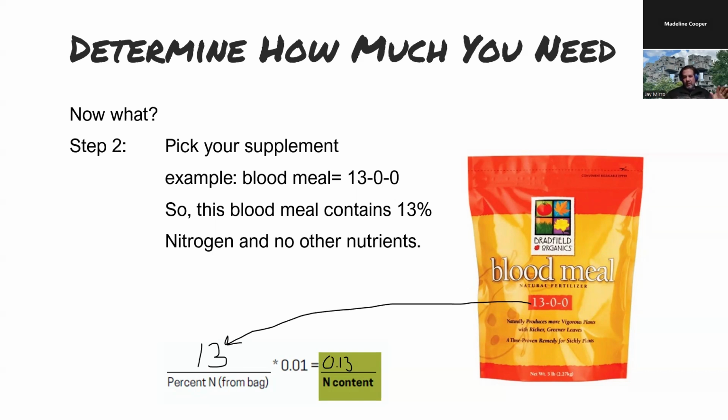So we have our garden proportion, which was 0.1. Now we're looking at our product, and it has a nitrogen content of 0.13.